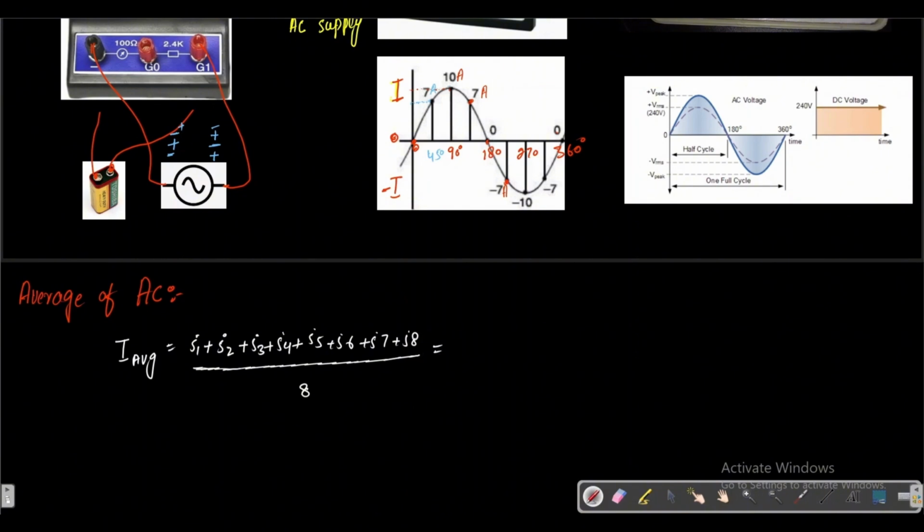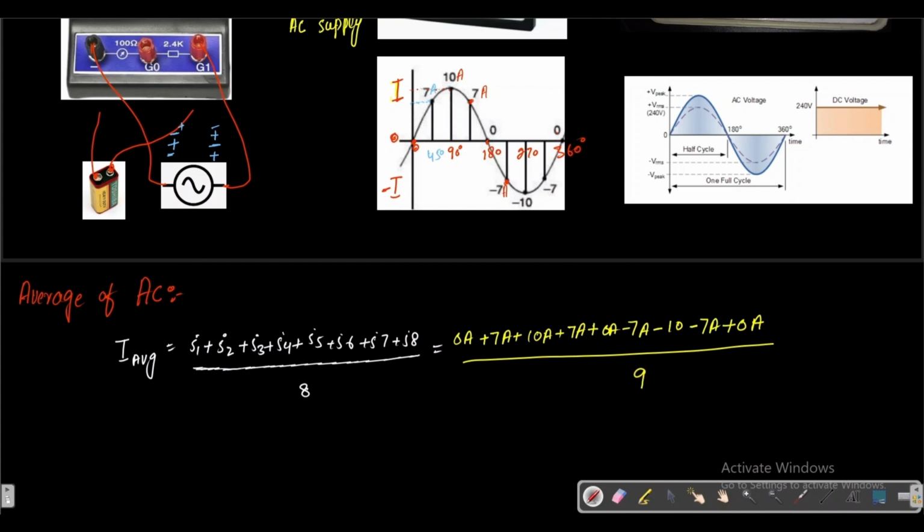Now I put in the values: I1 is 0 ampere, plus I2 which is 7 amperes, I3 with 10 amperes, I4 with 7 amperes, I5 with 0 ampere, I6 with minus 7 amperes, then minus 10 amperes, then minus 7 amperes, and again plus 0 ampere, and divided by the count, which is 1 2 3 4 5 6 7 8 9.